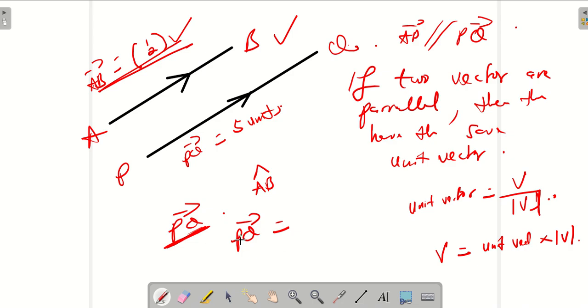Is that right? So now, remember that to find the vector PQ, the magnitude has been given. We know the magnitude to be what? 5. So all we are going to look for is its unit vector. Is that right? But we can only find the unit vector by finding the unit vector of AB. Because they are parallel, the unit vector of PQ is the same as the unit vector of what? AB. So once we get the unit vector of AB, we put it here as AB hat, and we will get the vector PQ. Are we okay? Simple. Alright.